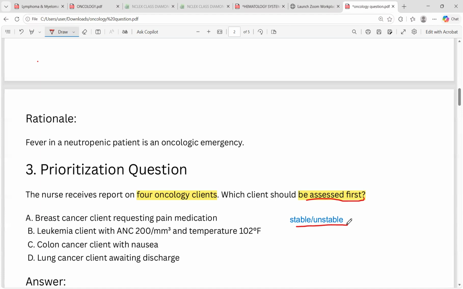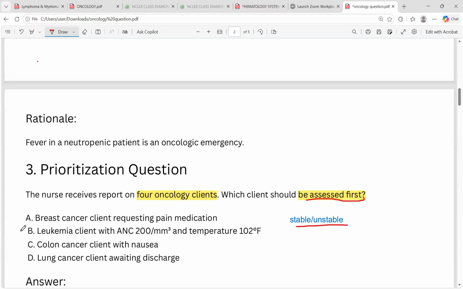Colon cancer client with nausea. Lung cancer client awaiting discharge. I think it's also stable.